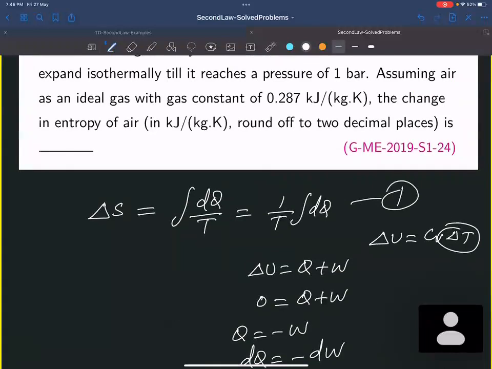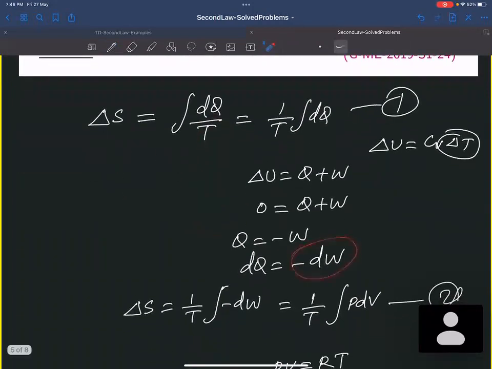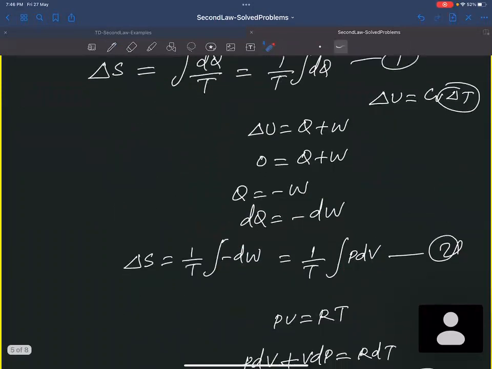Delta S is originally defined as the integral of dq by T, and T is constant for the isothermal process, so that is taken out, and the integral of dq you can write in terms of dw. From the relation dw equals minus pdv, and since the minus is there, we have plus pdv.